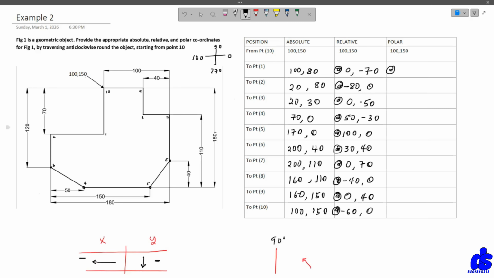So for point 1, what is the magnitude? The magnitude is 70. So we'll go ahead and write 70. Then we have this less than sign to show the angle. Then we are moving in this direction, which is 270. So you go ahead and write 270.